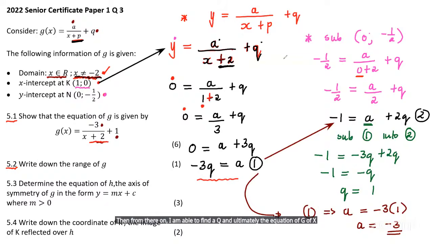5.2, they want the range. Now, listen to me. When it comes to a hyperbola, the X and Y asymptotes are really the tellers of the domain and the range.